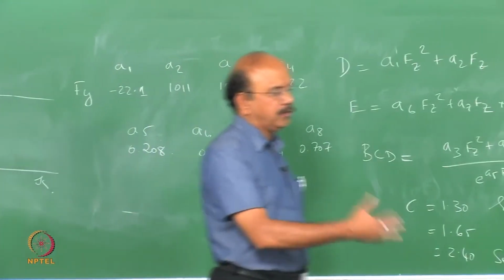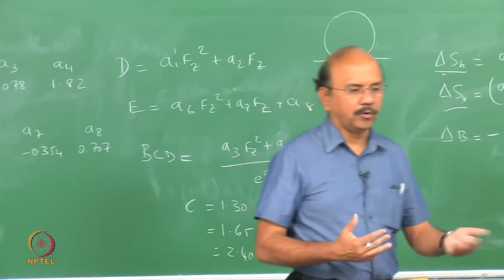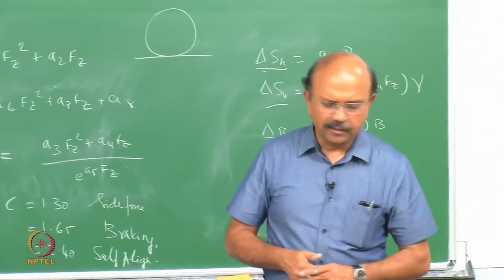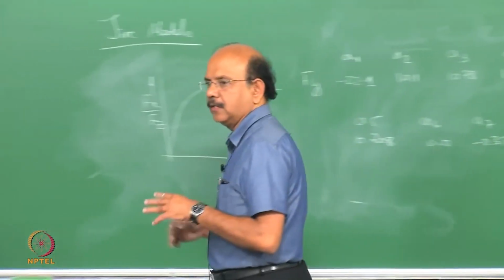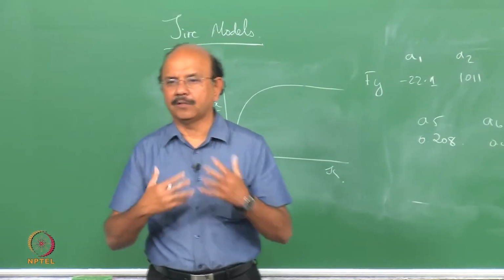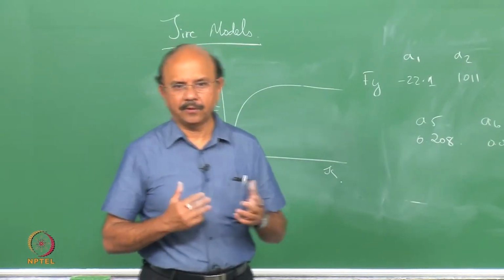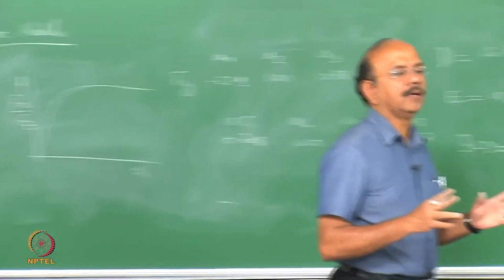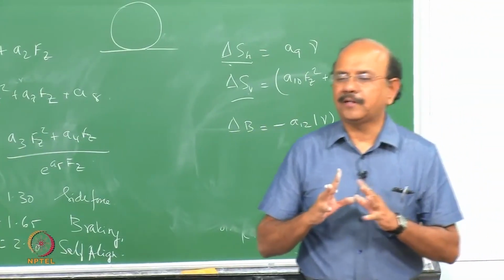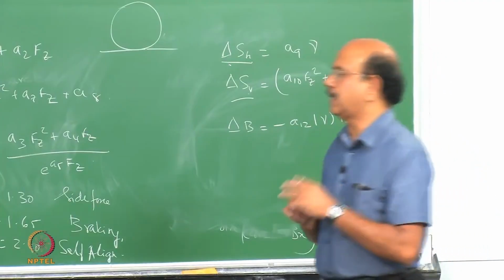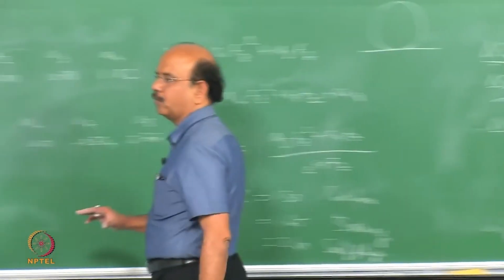In fact, there's a paper, if I remember right, in Tire Science and Technology by Continental Tires, which tells you what all the differences are on friction coefficients and so on. But the theory is such that the differences are not very high.